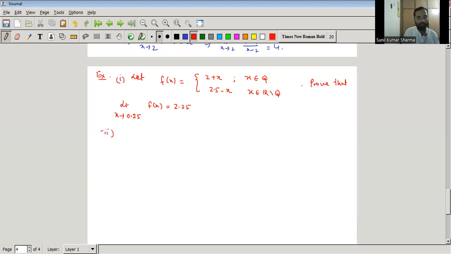Second part is f of x is equal to 5 plus x if x belongs to rational, and 5.5 minus x if x belongs to irrational.